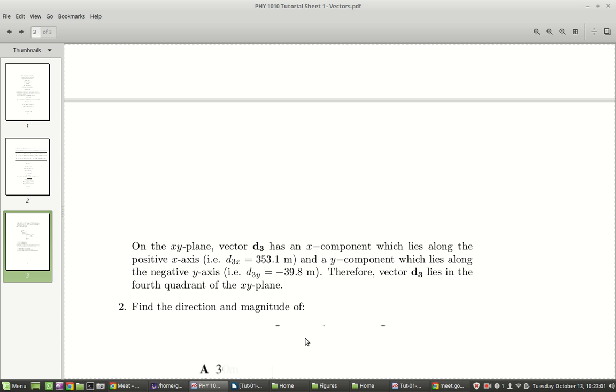The y component of a vector can either lie along the positive y-axis or the negative y-axis. We are looking for the angle for vector D3, not the angle for the components. We are looking for the angle of vector D3 with the positive x-axis.